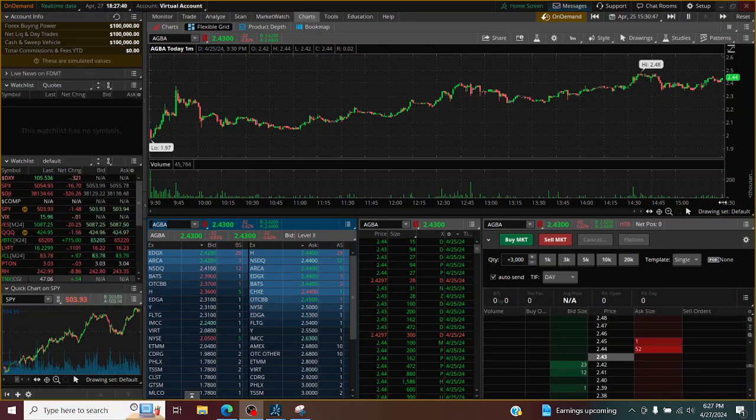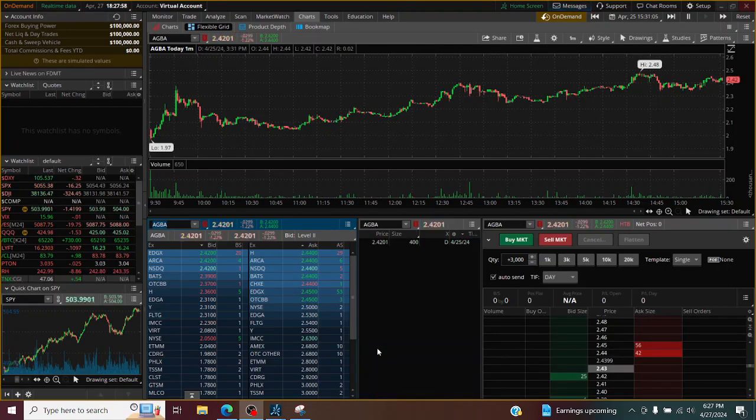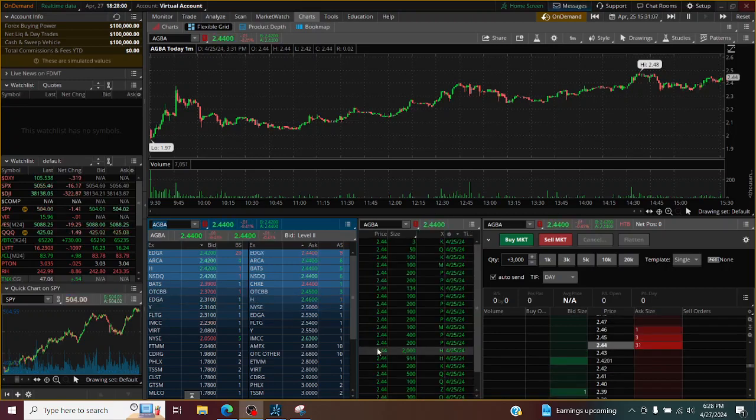So probably close to here or around here is when I was told about it. I'm not buying here, just so you know. I will actually show you exactly how I analyzed the trade, exactly how I traded it. It won't be the exact same because this is virtual. My fills would have been different, but you'll be able to get the gist of it.